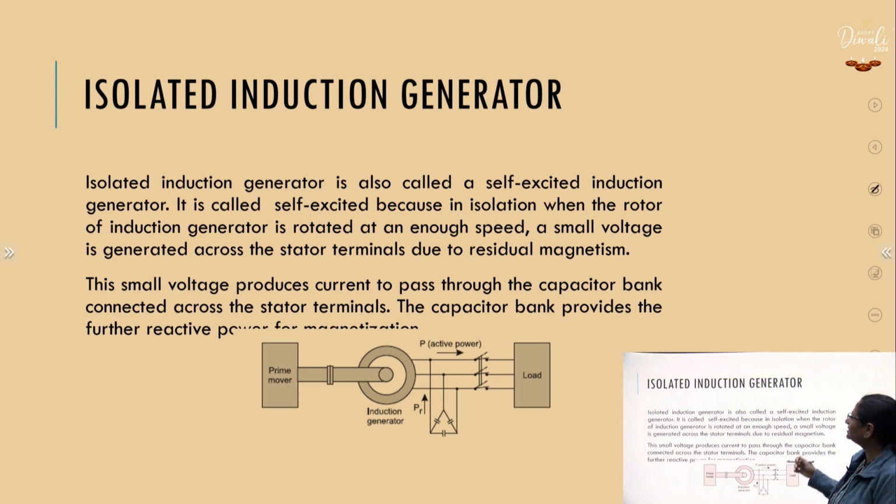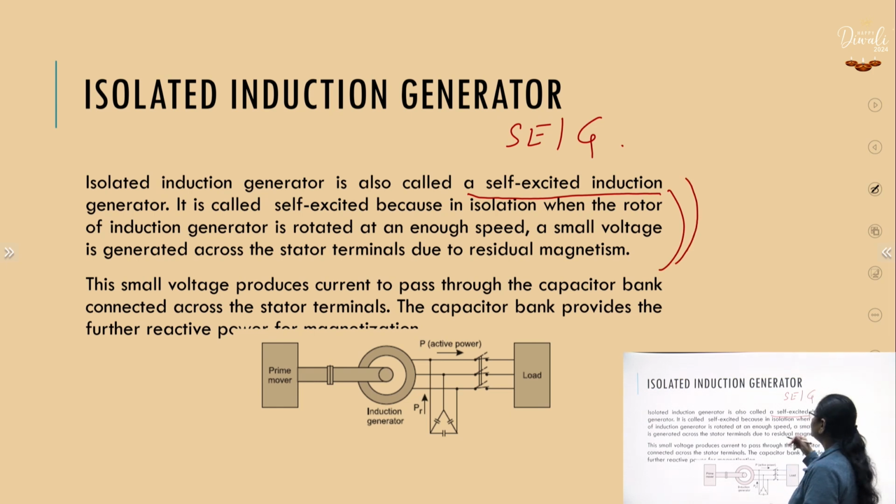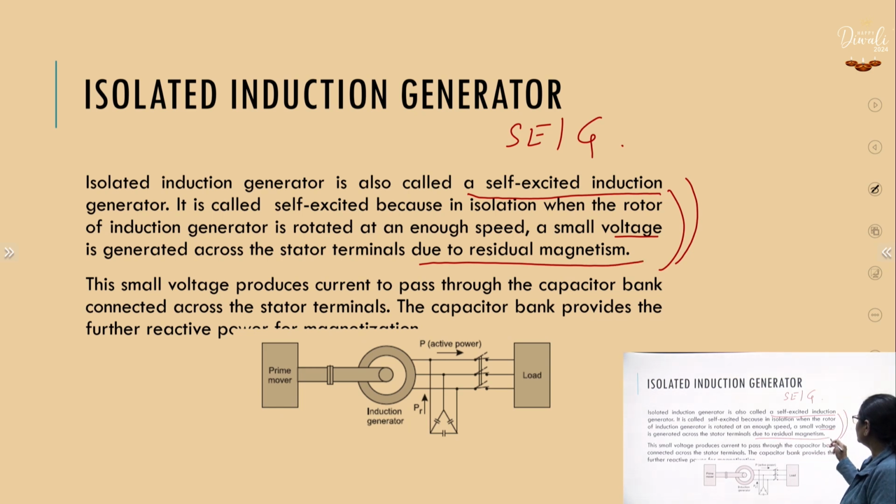The isolated induction generator is also called a self-excited induction generator or SEIG. It is called self-excited because in isolation, when the rotor of the induction generator is rotated at an enough speed, a small voltage is generated across the stator terminals due to residual magnetism.